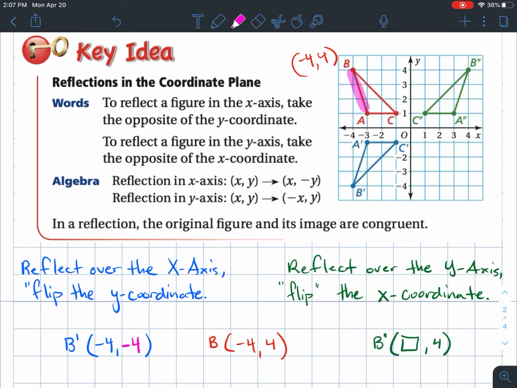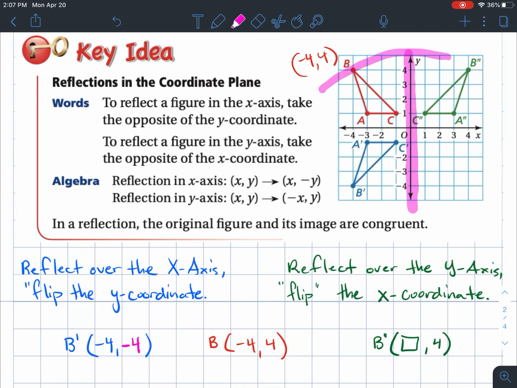Now we're going to use this same B of this red triangle, and we're going to reflect it over the y-axis. So we're going to flip it over the y-axis. Since we're reflecting over the y-axis, we want to flip the x-coordinate of B. We know the coordinate is at -4, +4.